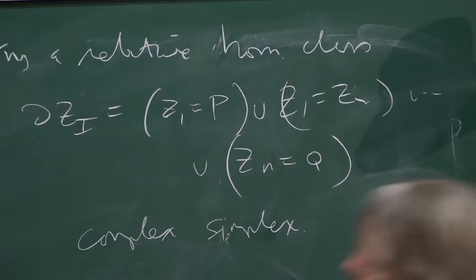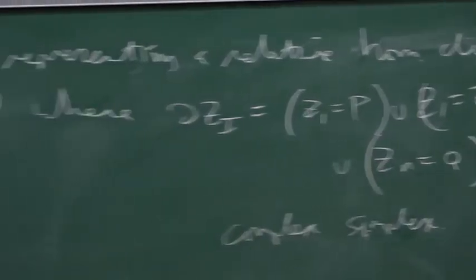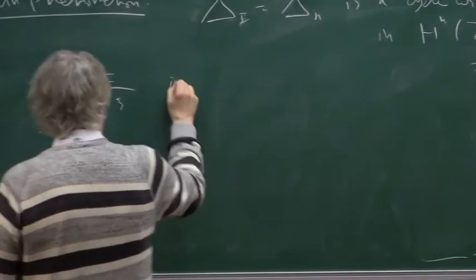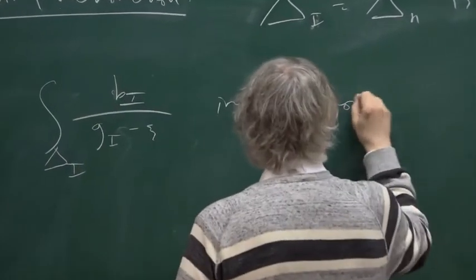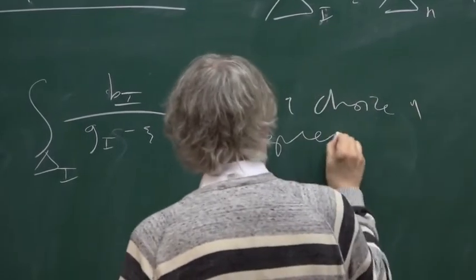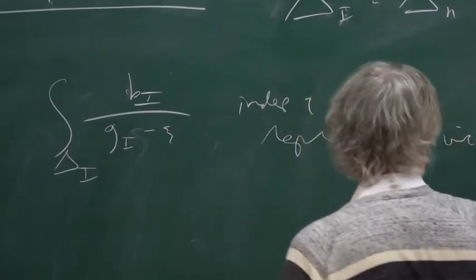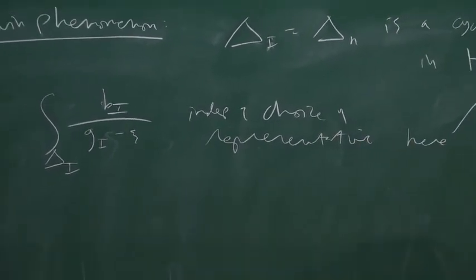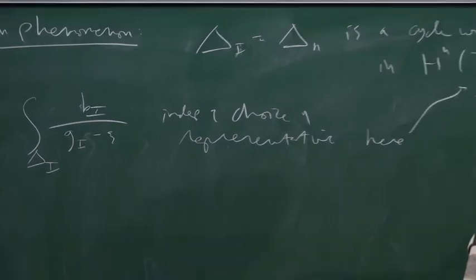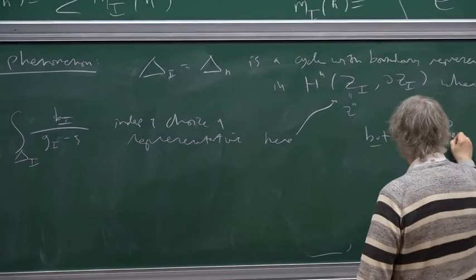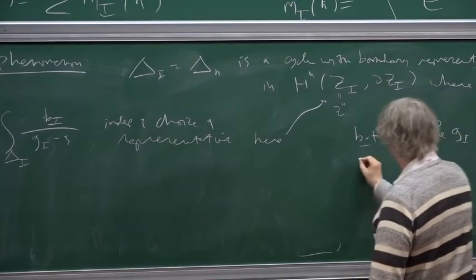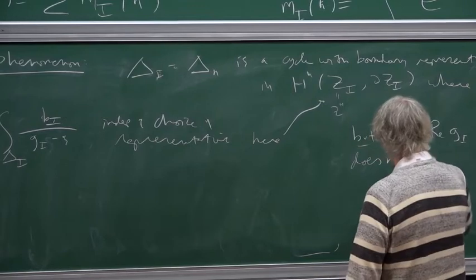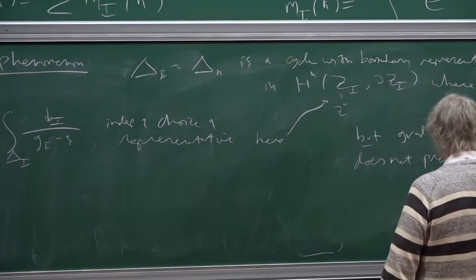And this integral is going to be independent of the choice of representative in this relative thing. However, the gradient flow does not preserve the boundary.